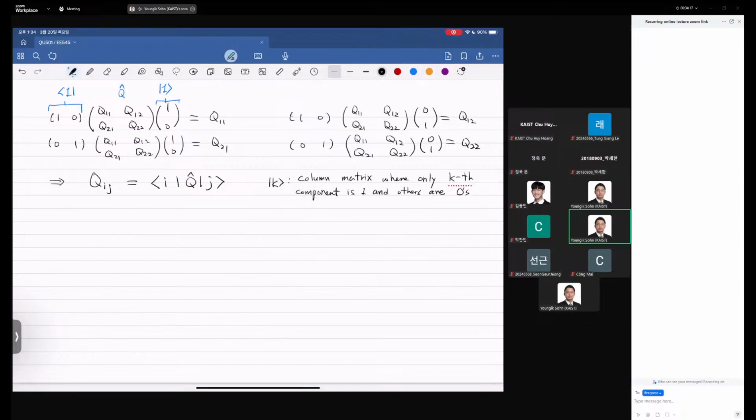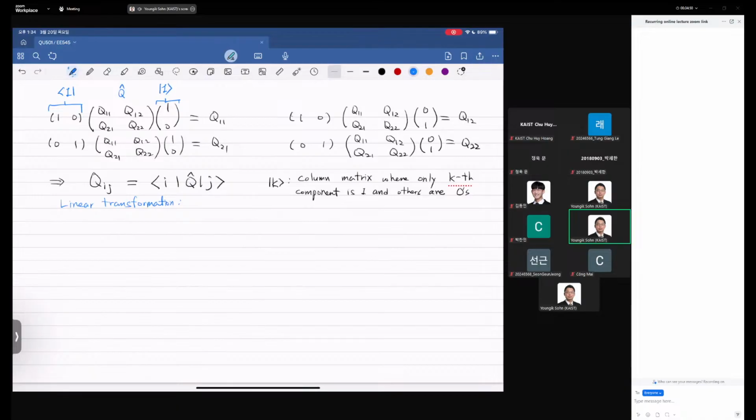This linear algebra gives you a lot of nice features, and I'll write one of them. This is a linear transformation. Let's say you don't know what Q is yet, and you want to figure out what this operator is.